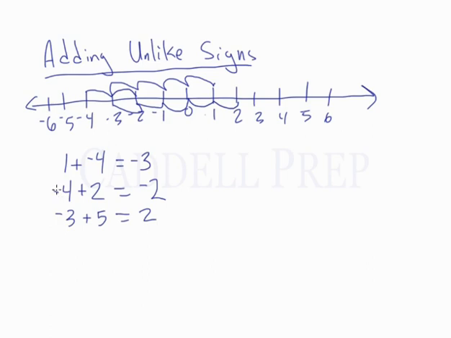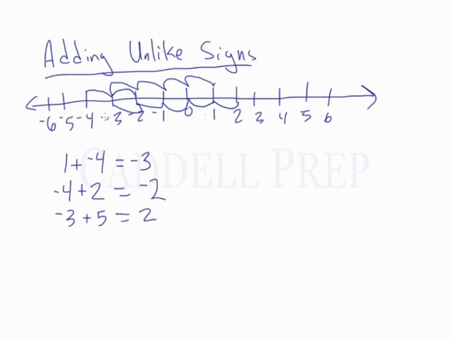And again, the bigger number is negative, so the answer is negative. Here we have negative 3 plus 5. They're unlike signs, so we're actually going to find the difference. The difference between 3 and 5 is 2. And in this case, the bigger number is positive, so the answer is positive.